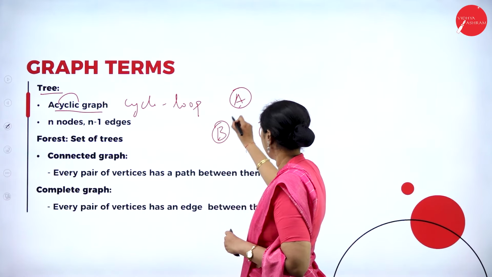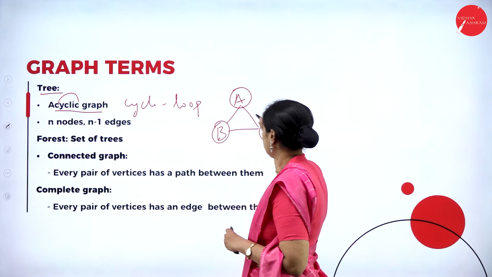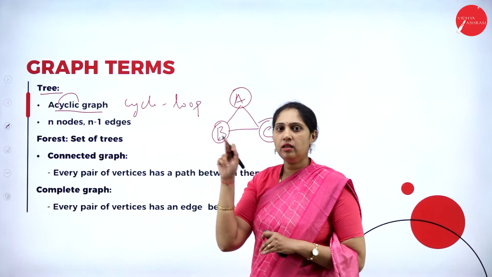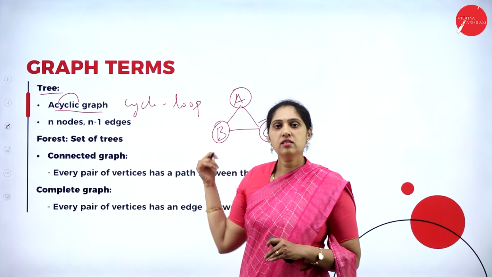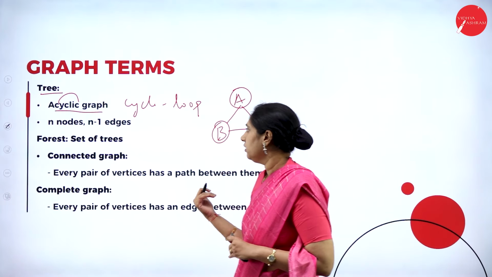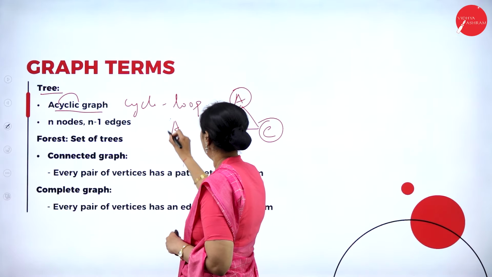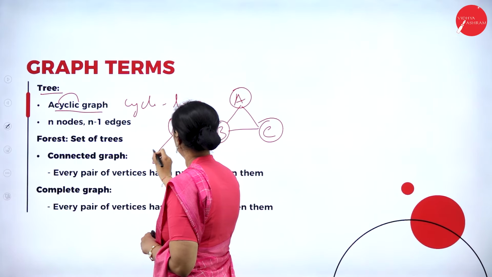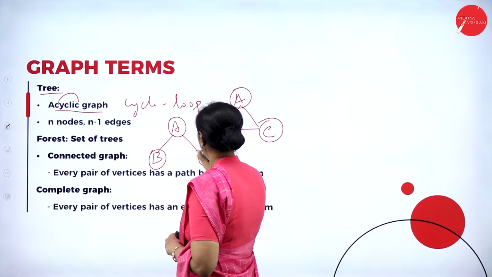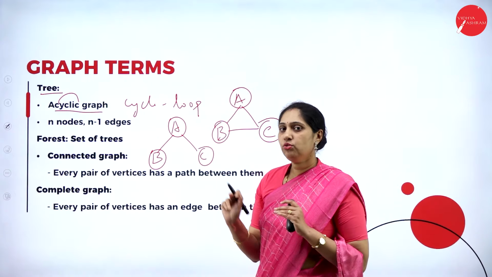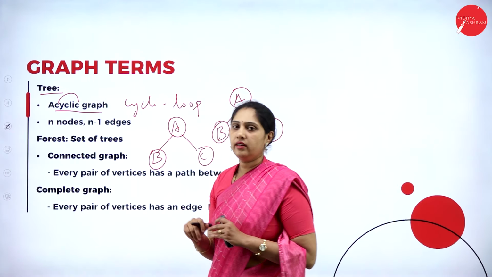I'll connect them with edges. See, this is a loop. From A to B, B to C, again A. So it keeps on going. That is a cycle. This is a graph, but it is not a tree, because a tree should be an acyclic graph. If I take A, B, C without the loop, this is a tree. No cycles are there. So when I say tree, you should write acyclic graph.